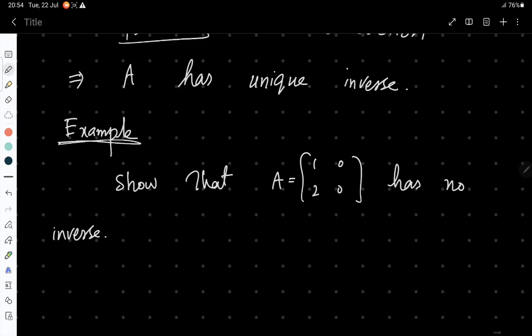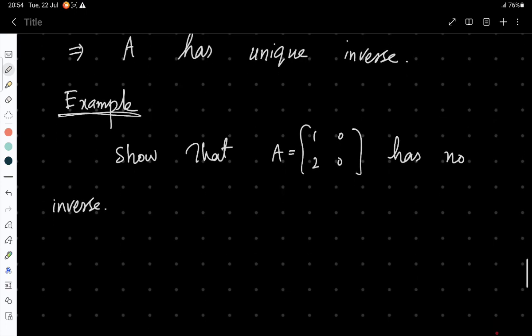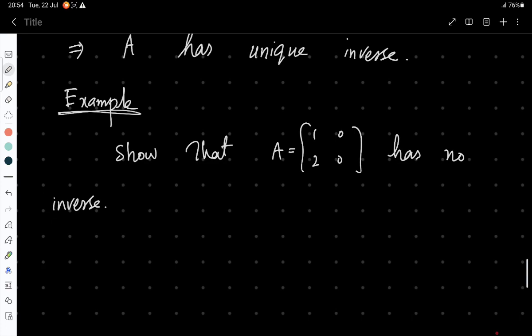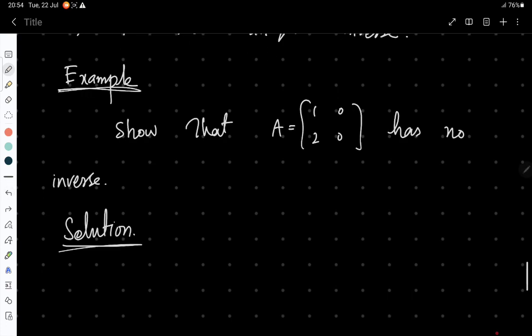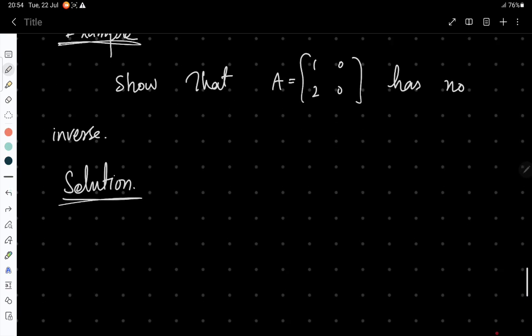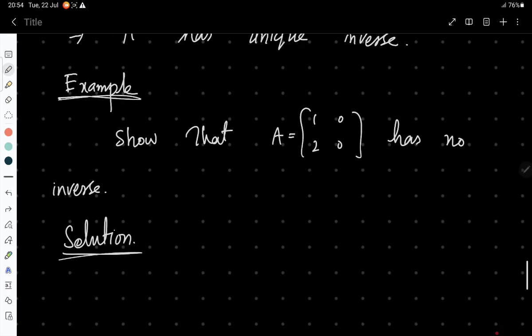So look at an example. In this example, we have to prove that A has no inverse, and this matrix A is [1 0; 2 0]. So look at the solution. Since we have to show that A has no inverse, similar to the previous theorem, we will assume that this statement is false.